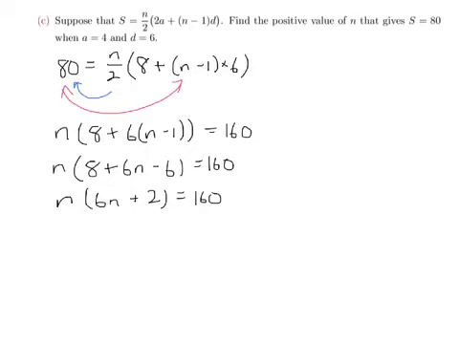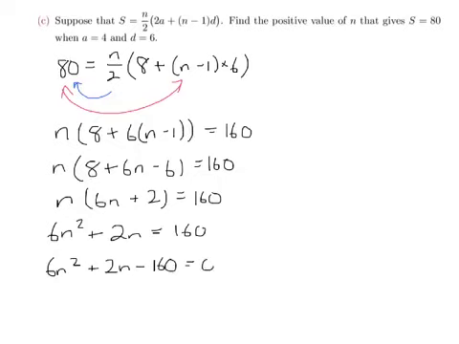Then we can expand again, so we're left with 6n squared plus 2n equals 160. Now this is obviously a quadratic, so we want to move everything over to the left hand side. So we've got 6n squared plus 2n minus 160 equals 0.